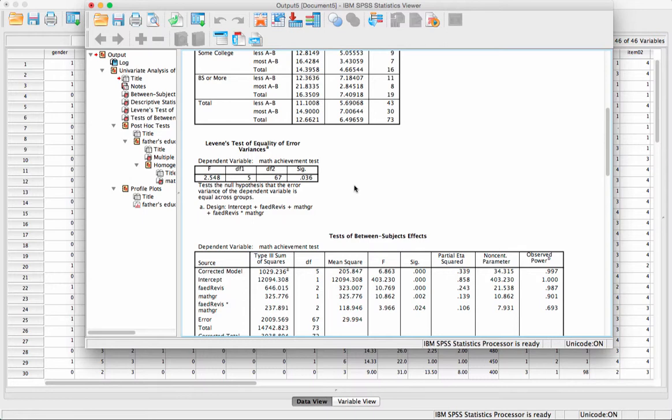Normally, what we would do is go to Explore, and we'd look at the distributions of some college, BS or more, and high school diploma or less. We'd look at those distributions to see if they're significantly skewed or not. And we'd also look at the distribution of math scores for less than AB or mostly AB, and probably look at the Shapiro-Wilk test to determine if they're significantly skewed.